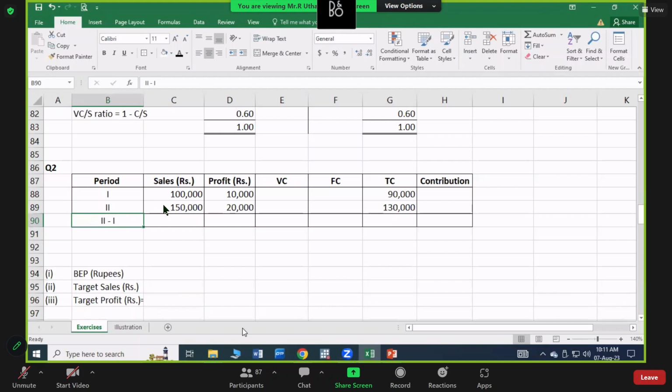So the variable cost is the difference between the two points. If you deduct, the sales difference is 50,000, and the profit difference is 10,000.